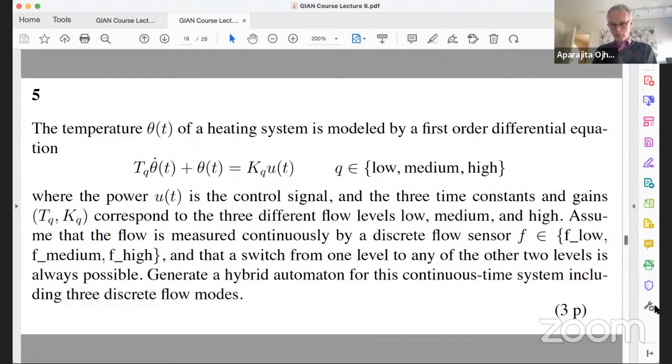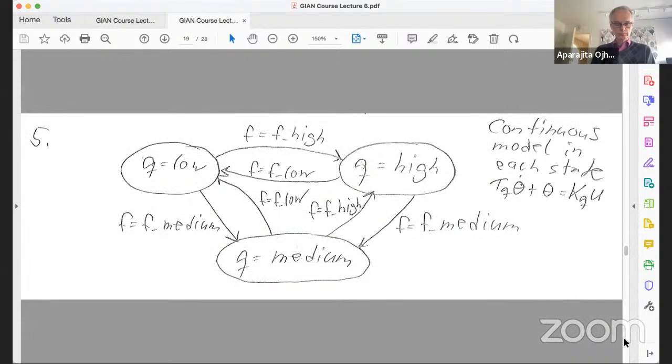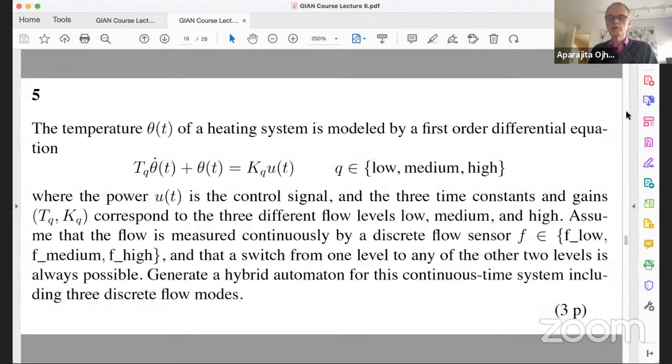It's quite similar to what we saw for the heat control. So in this case, we have the continuous model, and you could simply go between these different stages here. I think I need to read this in more detail.